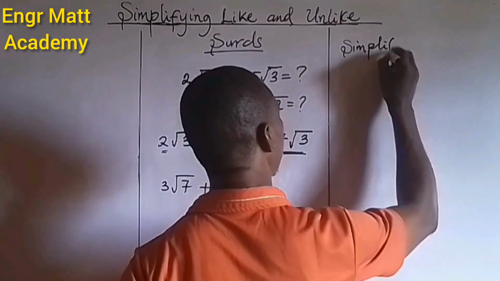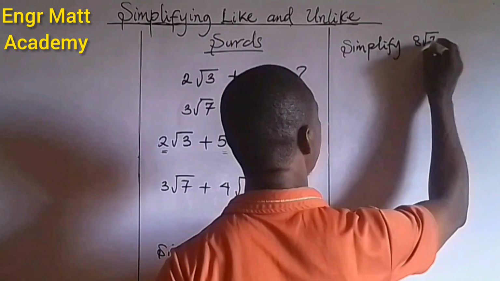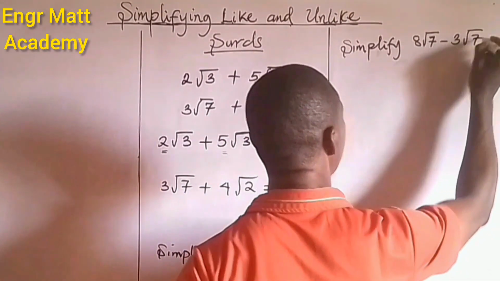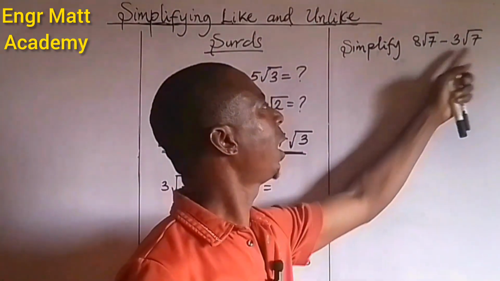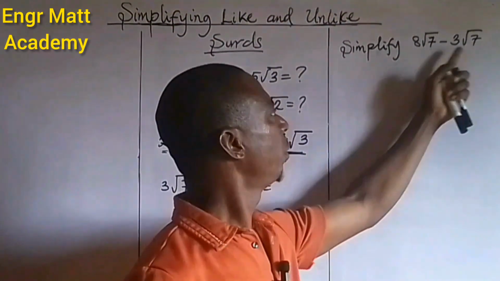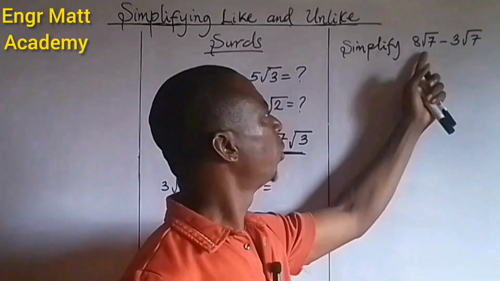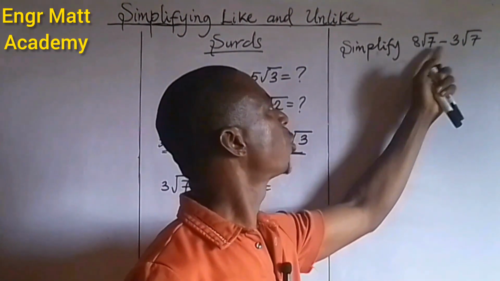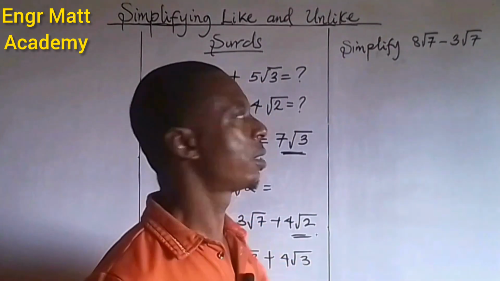Simplify 8 root 7 minus 3 root 7. Here also we have like surds, root 7, root 7. So these surds are alike. Therefore, we subtract their coefficients.